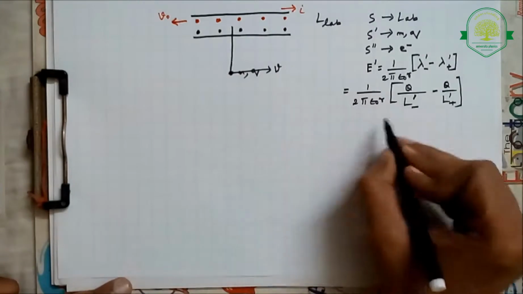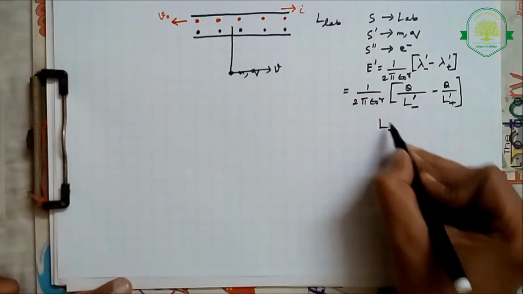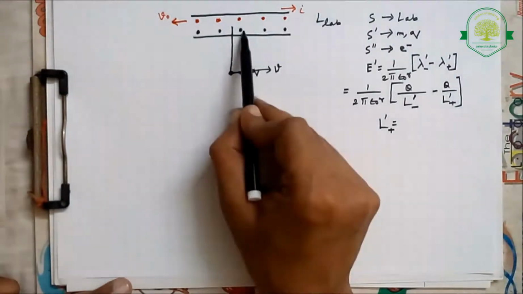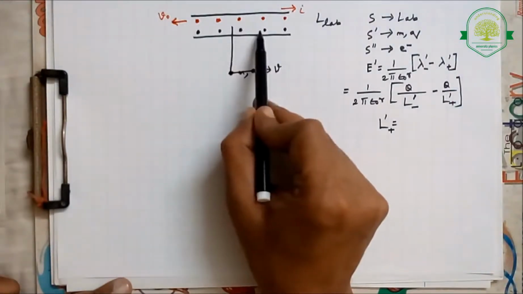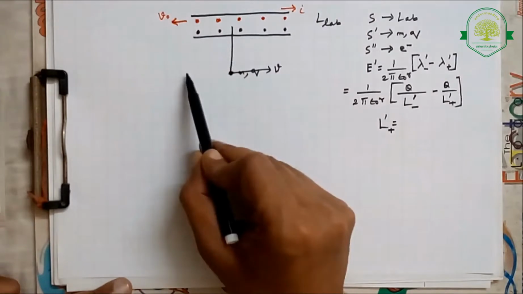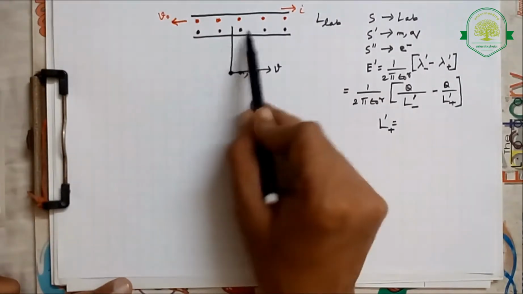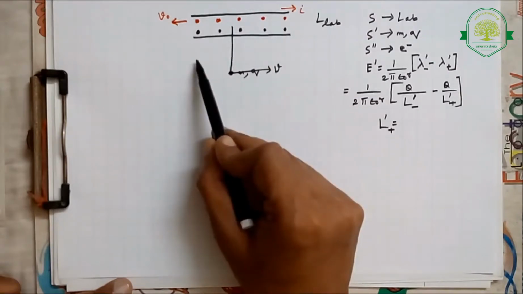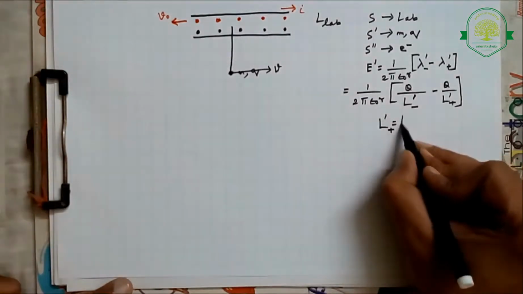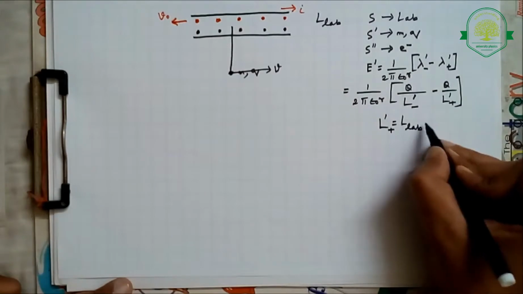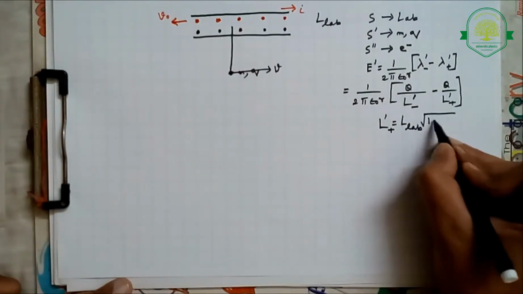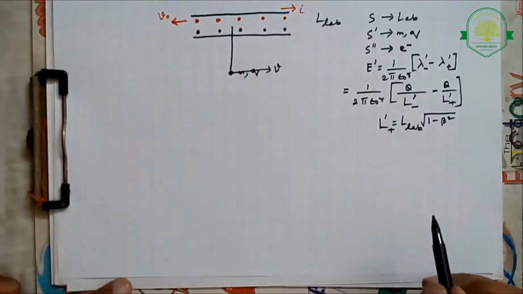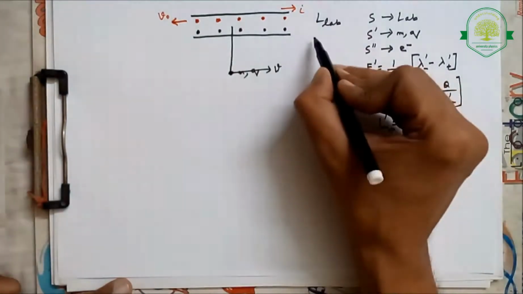So first of all, let us figure out what L plus primed is. Now the distance between these two as seen from the lab frame, these are all at rest as seen from the lab frame. So the frame of this is the lab frame. So we can say it is L lab multiplied by square root of 1 minus beta square, where beta is just v over c.